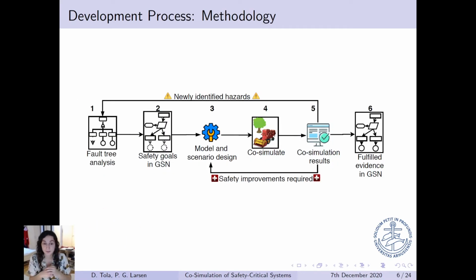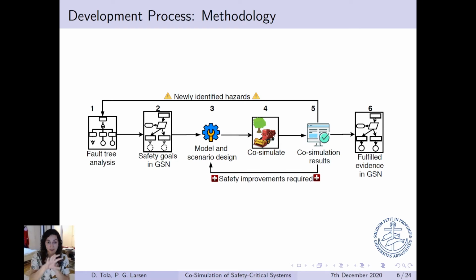Yes. So the development process, or the methodology that we used, was as you can see here, and throughout the next 15-20 slides, I will explain the different steps in the process, and also give some background information for each concept.